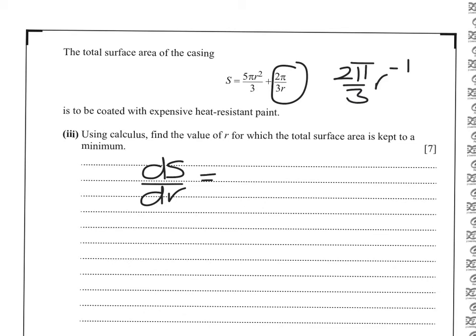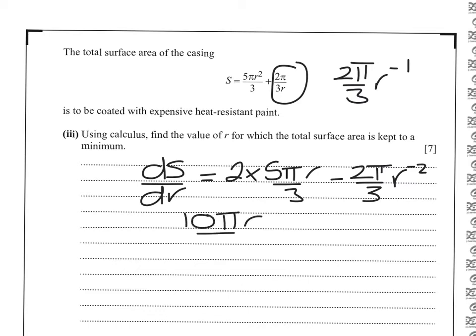So whenever we differentiate, we have 2 times 5 pi r over 3 minus 2 pi over 3r to the power minus 2. And at any turning point, that is when that dS/dr equals 0. So we want to know when 10 pi r over 3 minus 2 pi over 3r squared equals 0.